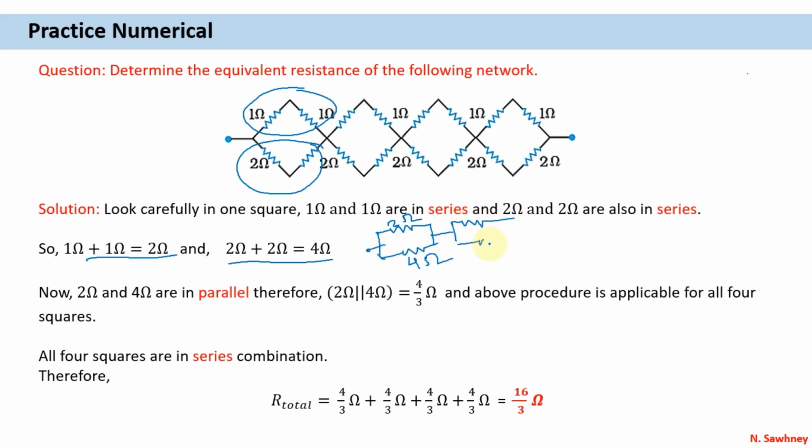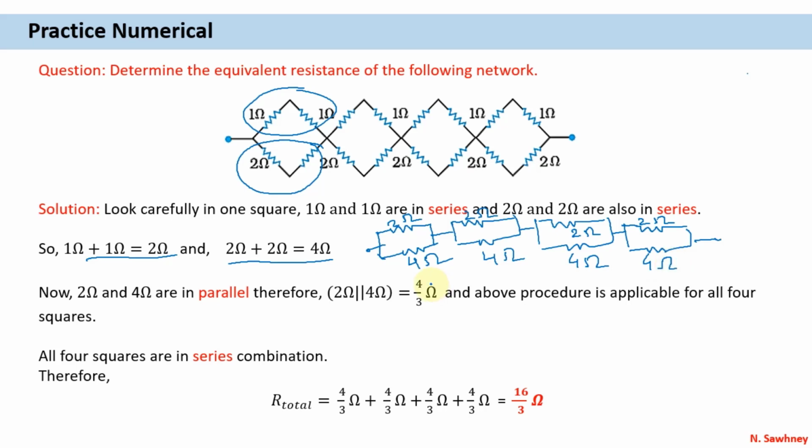That means there will be 4 such combinations, as I am drawing here, 2 ohm and 4 ohm. So this will be the overall circuit when we solve 1 ohm in series with 1 ohm and 2 ohm in series with 2 ohm.